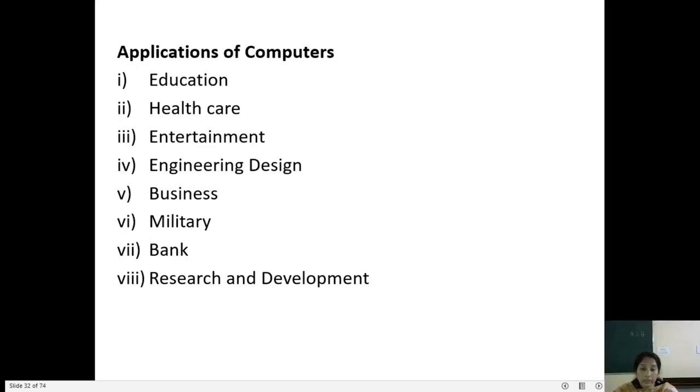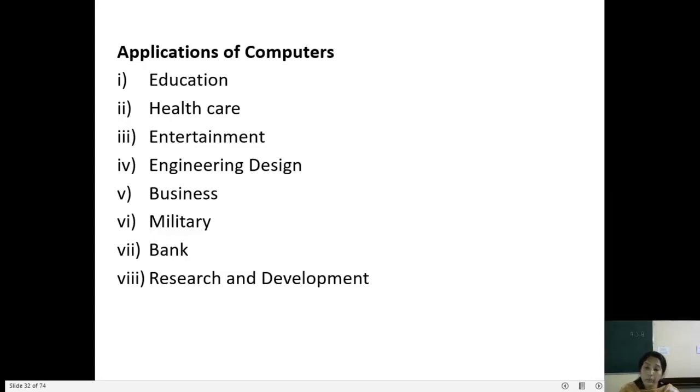And in entertainment, like multimedia, for making magazines or news or adjusting anything. In engineering, to design automobiles or any craft, or aircraft designs.